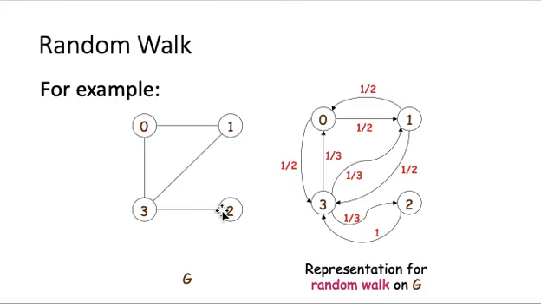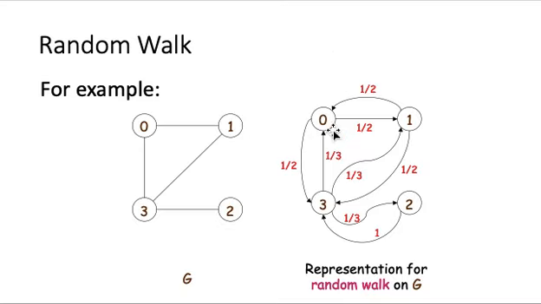So in order to talk about the random walk, first of all, we change G into a directed graph so that each of these edges is replaced by a double arrow edge. So one going forward and one going backward. Is that okay? And after that, we add the transition probability for the edges.